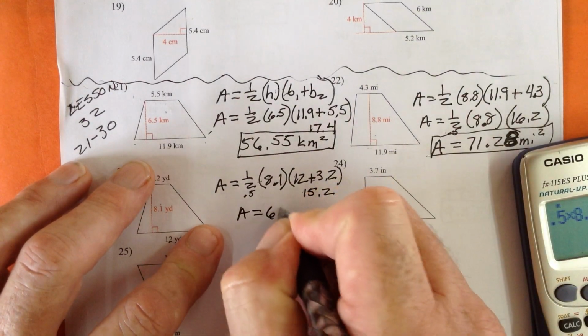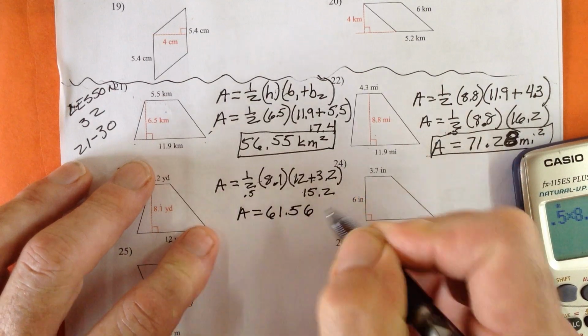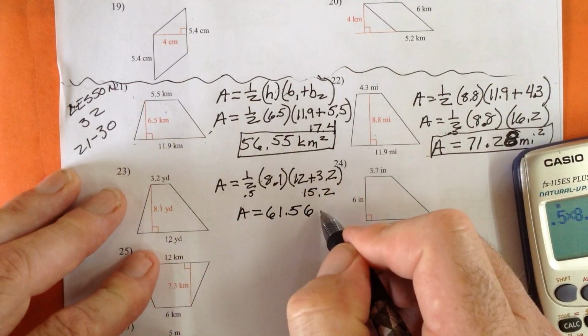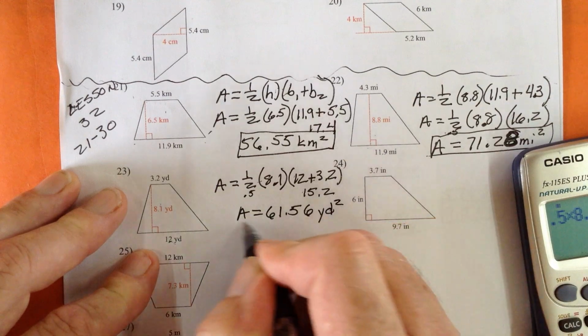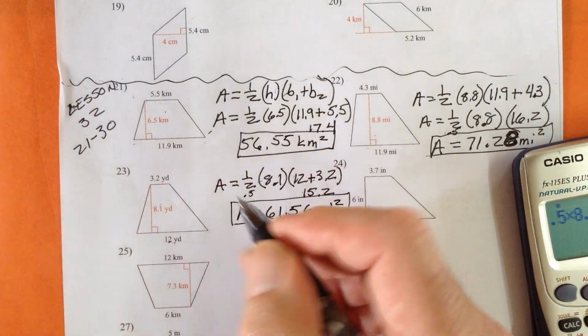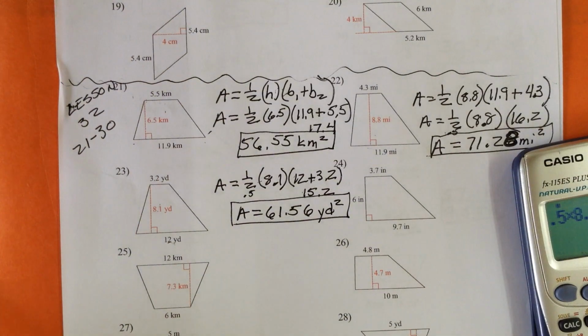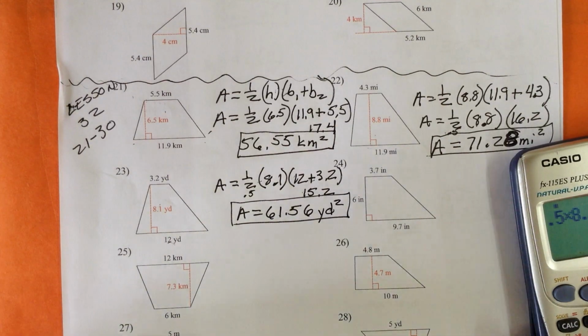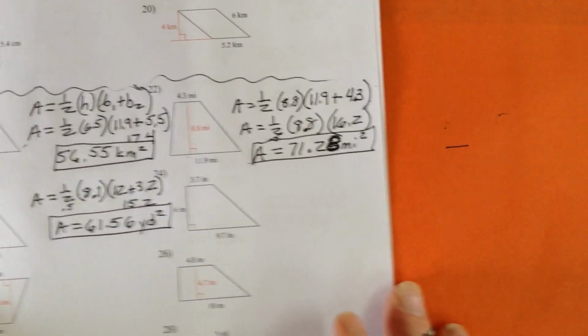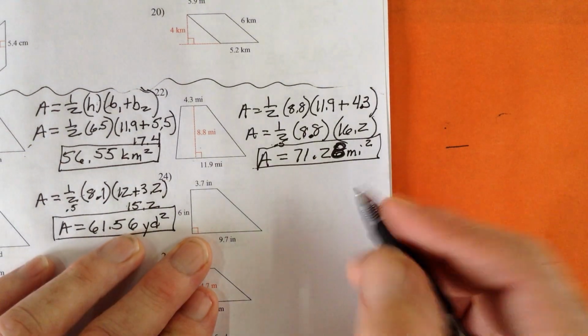Area equals 61.56 square yards. On my work, I didn't work that one out, so I'm just going to write it real quick. 61.56 yards.